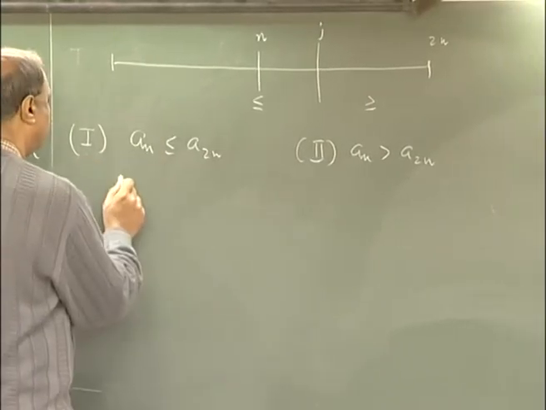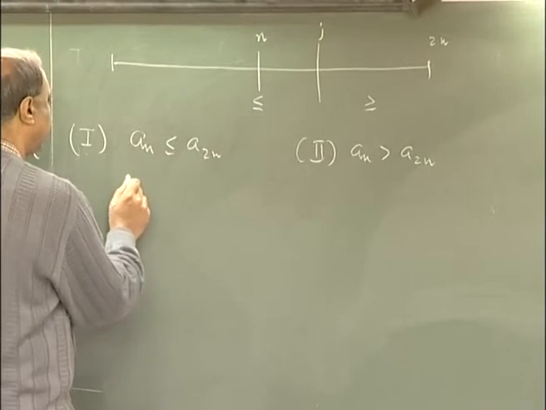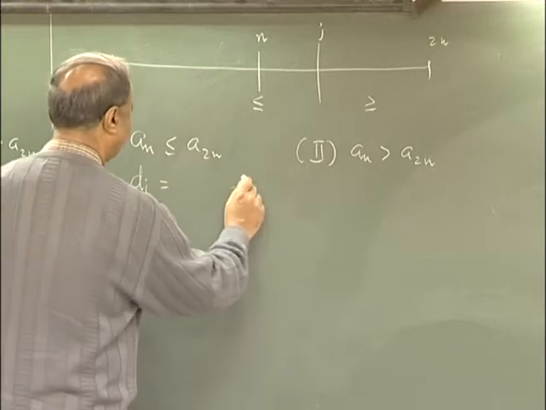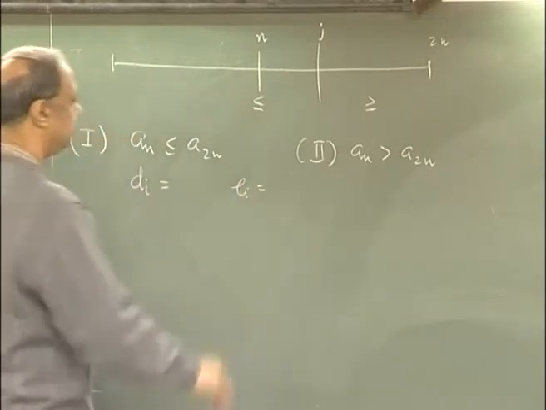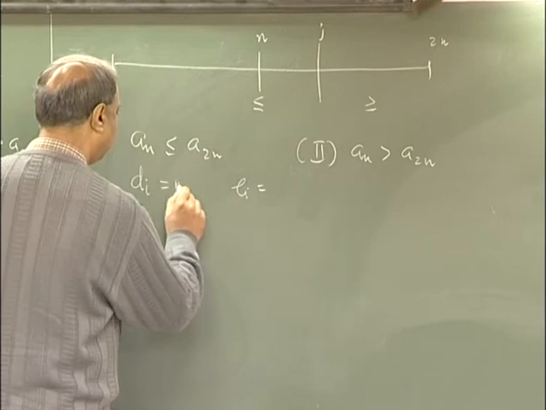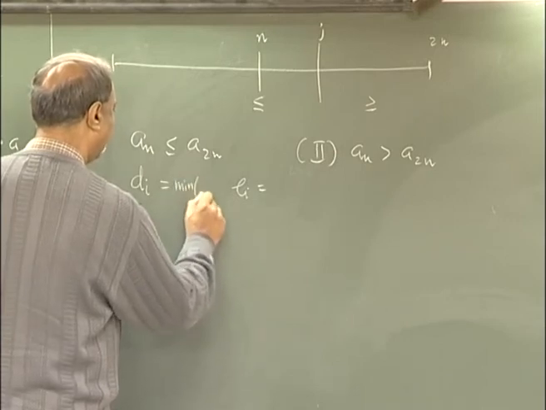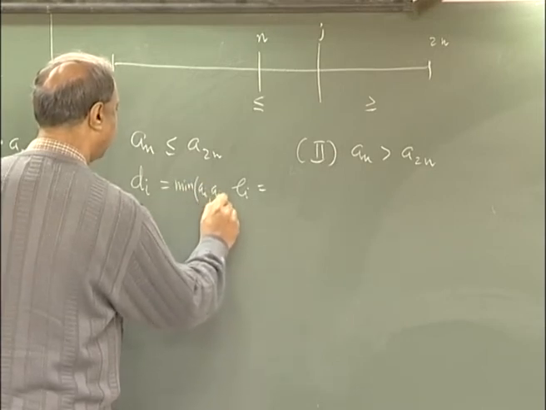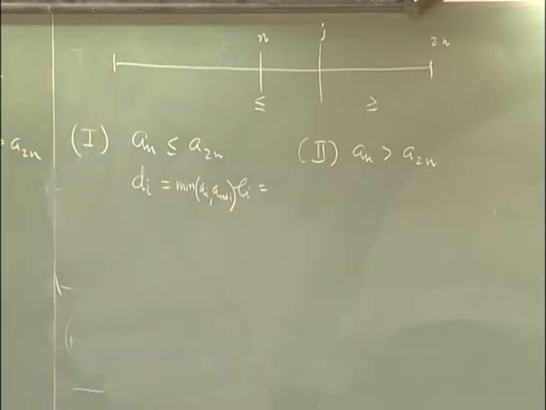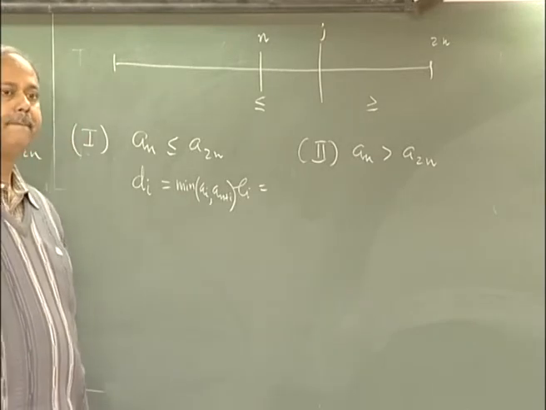First case. In that case, what is your di and ei? Di is what? Minimum of ai and an plus i. So between ai and an plus i, who is the minimum?